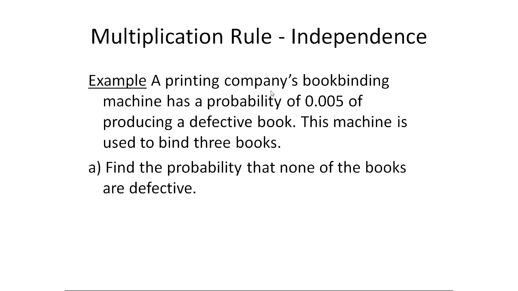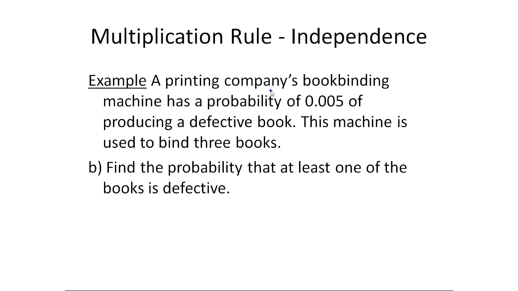Let's look at another question off the same example. What's the probability at least one is defective? Well, this would be 1 minus the probability, and now I want to write the complement. At least one defective means either 1 is defective or 2 is defective or 3 is defective.